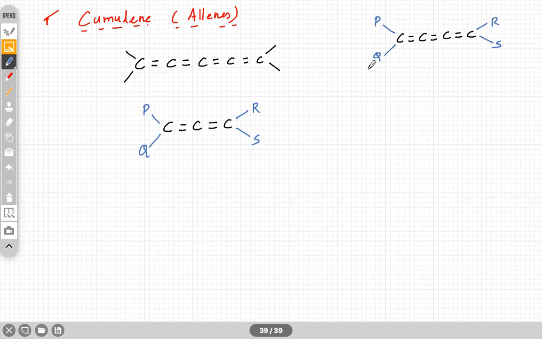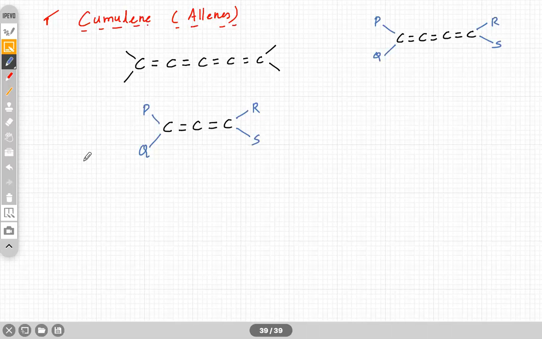Now when you have a double bond here, then the molecule is non-planar, if we have an even number of double bonds. You should know a few things for this kind of question.